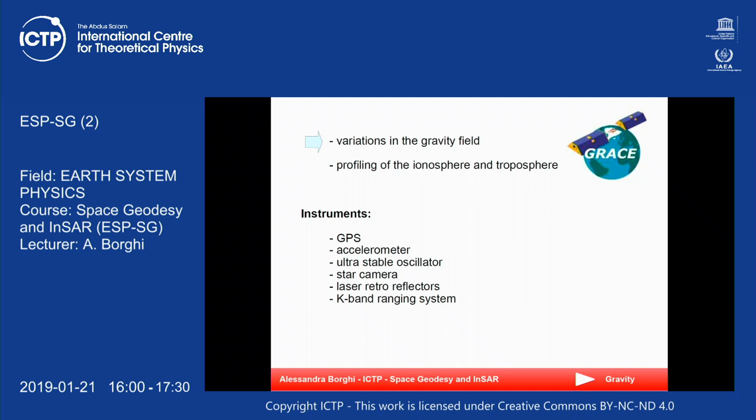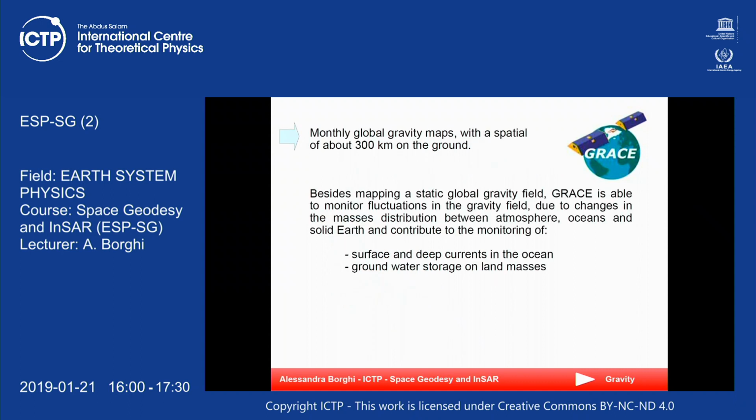If you have a mirror reflector on the satellite, with a special station from the Earth you can track the satellite and check where it is. This is really important for gravity measurement. The K-band ranging system, if I remember, at the moment I'm not sure, is to measure the distance between the two satellites of this pair of the system.